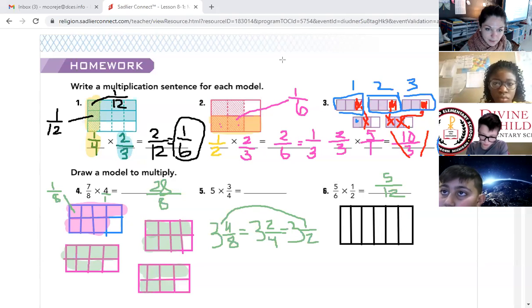Not bad. And I'll shade them yellow. 1, 2, 3, 4, 5 out of 6, and that's the yellow fraction being shown here.